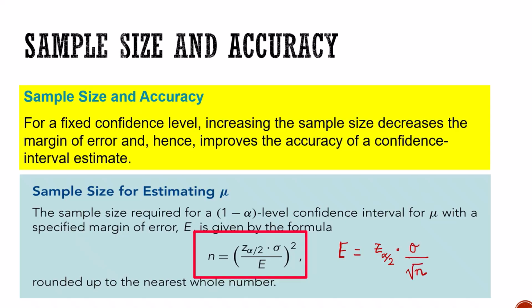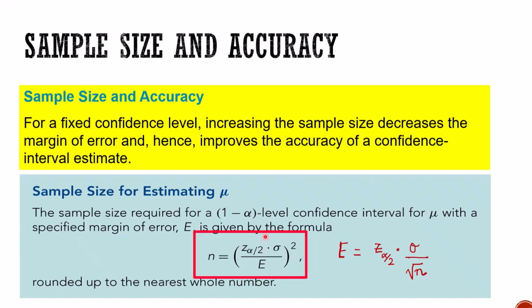If we solve for n in the formula of margin of error, that means isolate the n, bring it to the left hand side and move everything to the right, then we will end up with the formula to find the sample size, which is Z of alpha by 2 multiplied by the population standard deviation sigma divided by the margin of error, and the whole thing is squared.